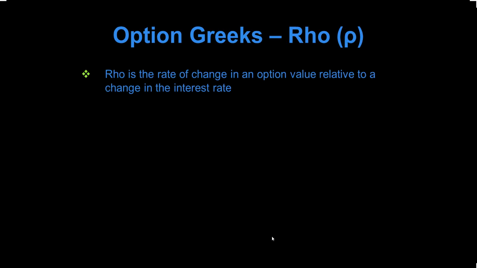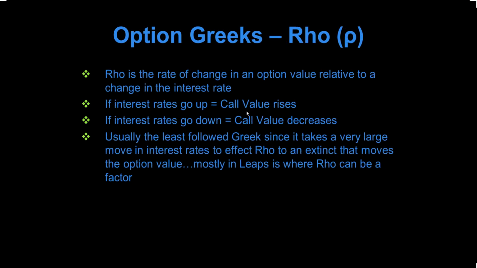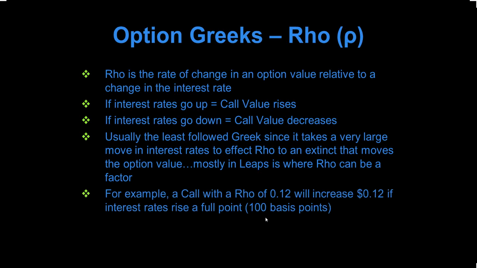Now, Rho, I'm not going to spend hardly any time on this. It's interest rates. If interest rates go up, call values go up. If interest rates go down, call value decreases. Okay? It's usually the least followed Greek. So, for example, a call with a Rho of 0.12, and that's very high, means that option value will increase 12 cents, or $12, if interest rates rise by a full 100 basis points, a full 1%.